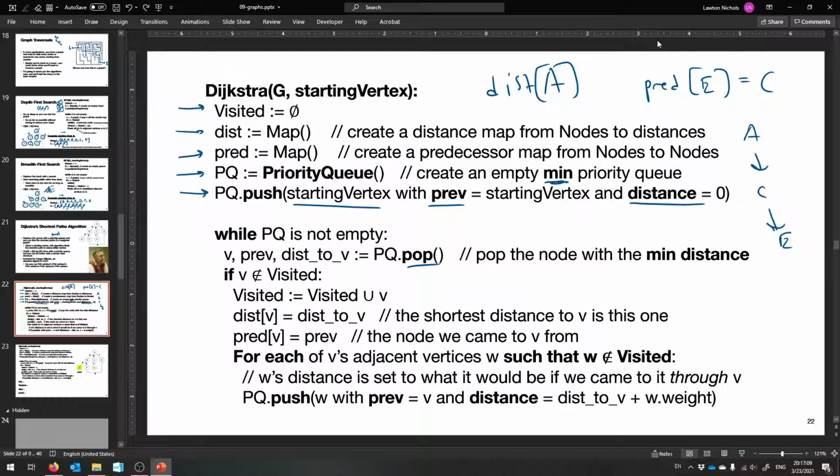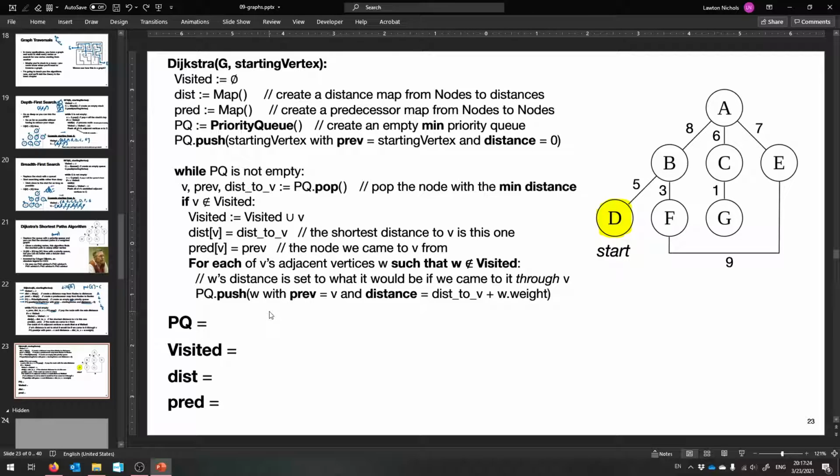Then we do very similar things with the pushing and visiting, but we also need to add to the distance map and add to the predecessor map. Okay? So that was a lot, I know. I'm going to give you an example now, and it should make a whole lot more sense, I promise.